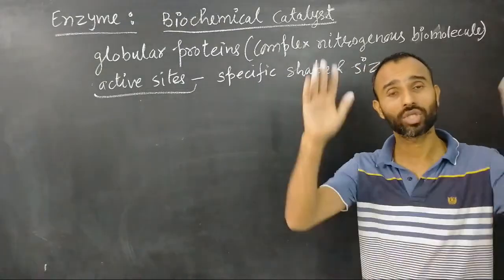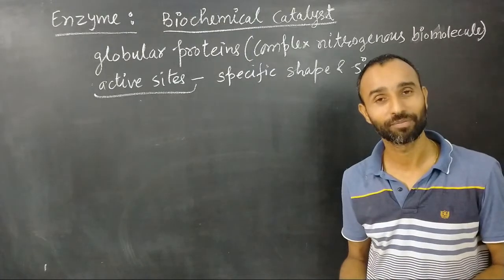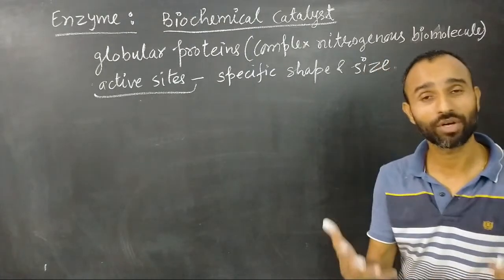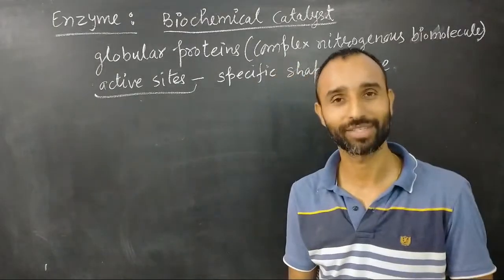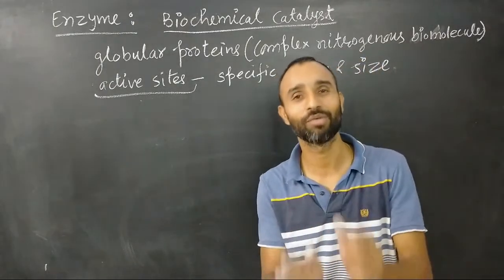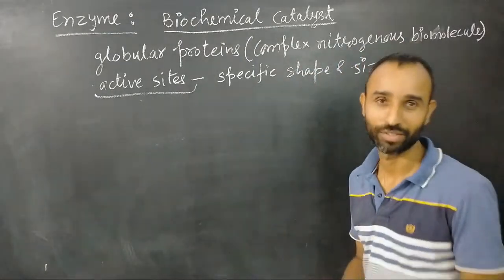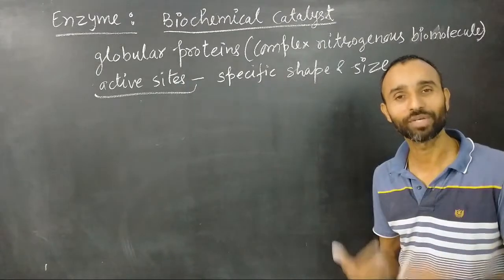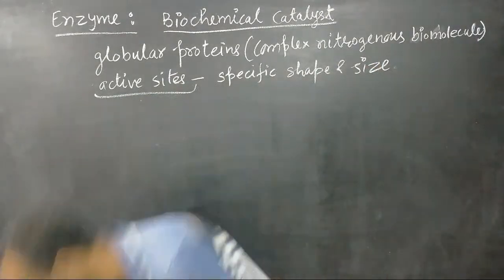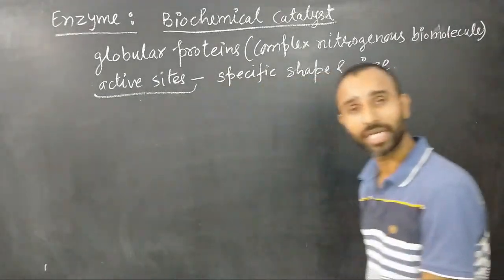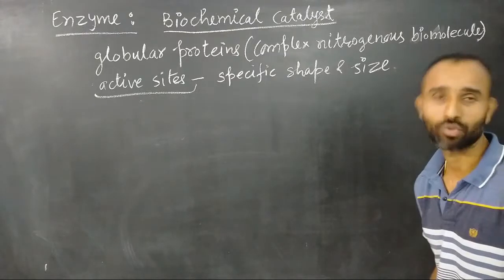So there are almost 3000 enzymes in human body, and if they were not there, even one meal taken by us cannot be digested in whole life. So enzymes are very important, right, as far as human beings are concerned. Okay, so enzymes are biochemical catalysts. They are used to catalyze biochemical processes.